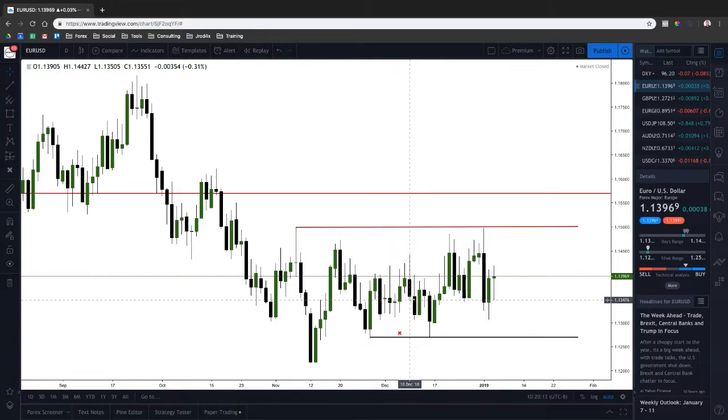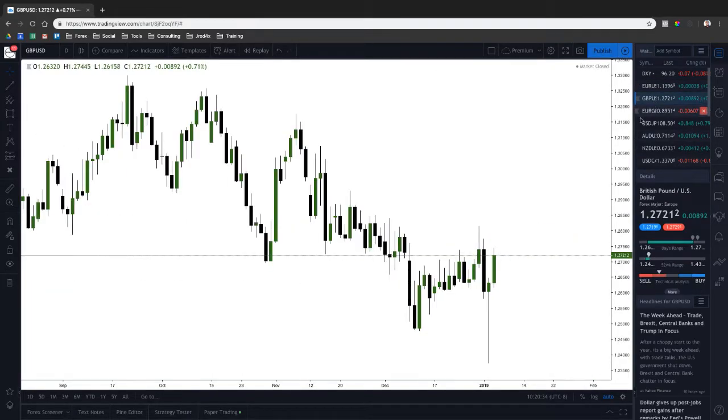I'm going to be looking for opportunities, but it's really going to depend heavily on whether or not we can get above or below these consolidations, because I don't want to go operating in just, in my opinion, a nasty consolidation. So let's move to GBPUSD.